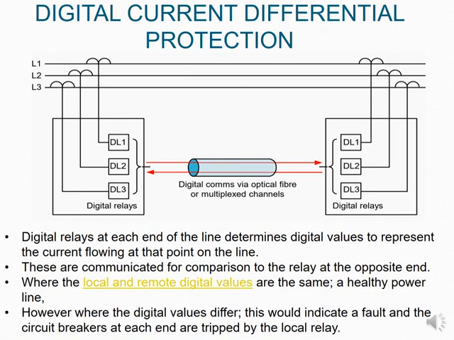And these are then communicated for comparison between the two relays at the opposite ends. Where the local and your remote digital values are the same, we say we have a healthy power line scenario. But where they differ, this would indicate that there is a fault and that the circuit breaker at each end are to be tripped by a local relay that you have in your scenario.